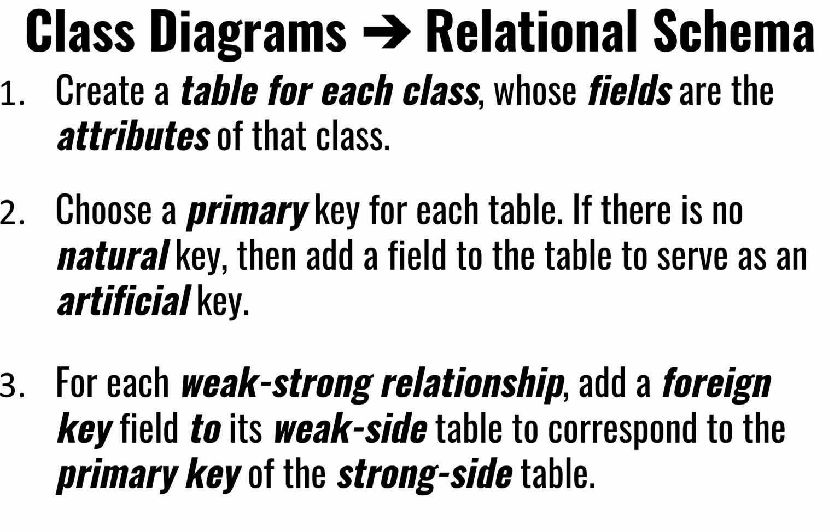You can instead start from the class diagram and create the relational schema. Again, for every one of the classes, you would create a table. If you have a primary key, that's going to be on the strong side; if you have an asterisk, that's going to be a foreign key.